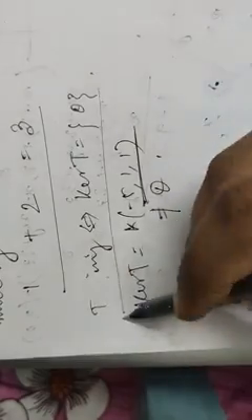But here what we have found is kernel T equals k times (-5, 1, 1), which is obviously not equal to theta because this is a non-zero vector. So by using this theorem, we can claim T is not injective. That means obviously T is not bijective. This proves the example.